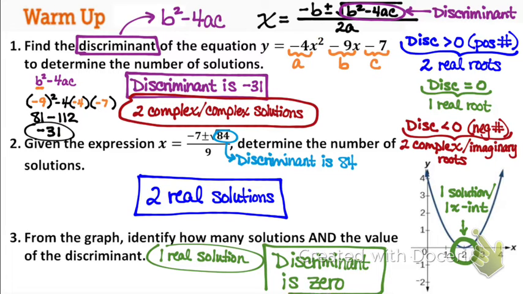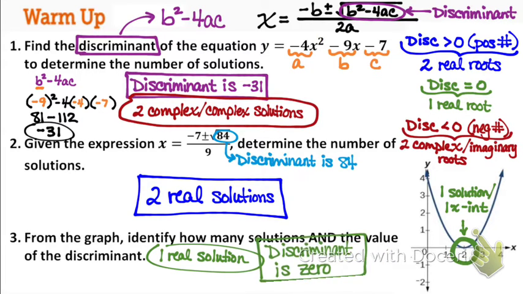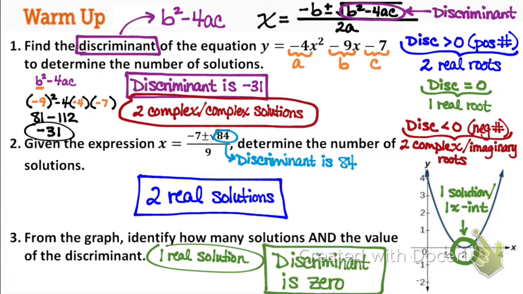If it touched the x-axis in 2 spots, if there were 2 solutions, then all I would be able to say is that it's a positive number. I wouldn't know the exact value. Same thing if I see a parabola and there's no x-intercept shown. I could say it's a negative number, but I wouldn't know its exact value. If I see one x-intercept, then I know my discriminant is 0.